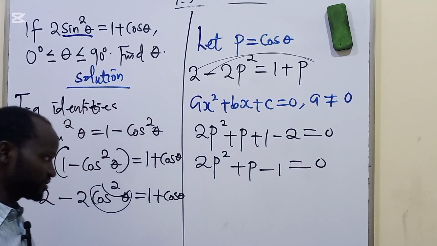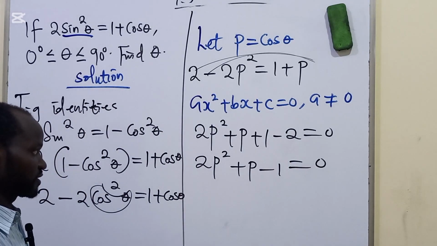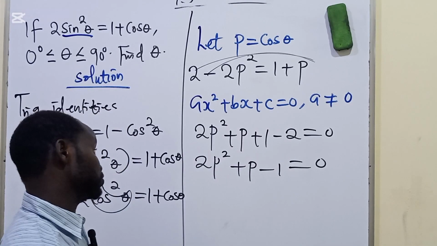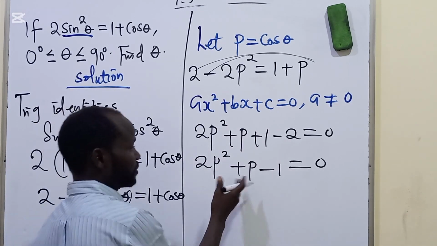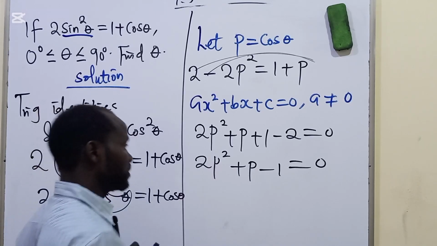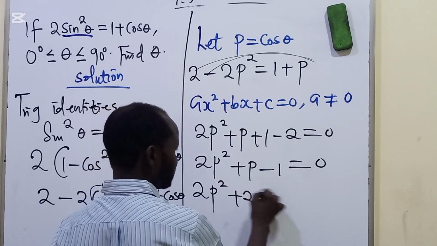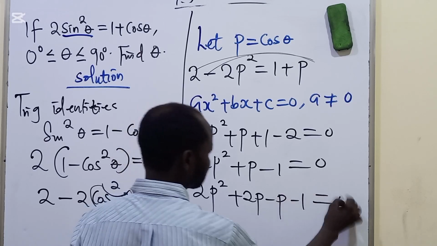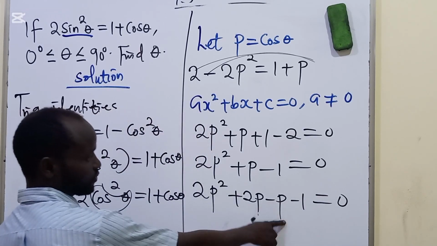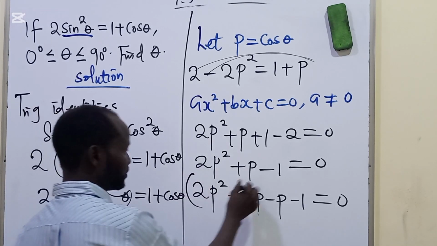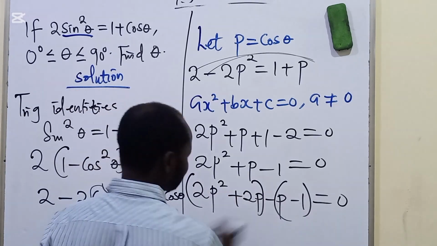So let's factorize. Is it factorizable? Of course, yes. 2P squared times minus 1 is minus 2P squared. The 2 factors will be plus 2P and minus P. So this will be 2P squared plus 2P minus P minus 1 equal to 0. When we say plus 2P minus P, of course, we get plus P in the middle. Let's group this and factor out now.